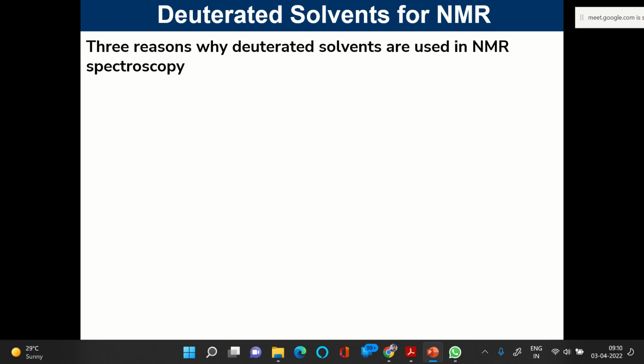Typically, for NMR spectroscopy, the solvents taken are mostly deuterated, so hydrogen is replaced by deuterium. Why do we take deuterated solvents? Deuterated means replacement of 1H1 with 2H1, so deuterium.